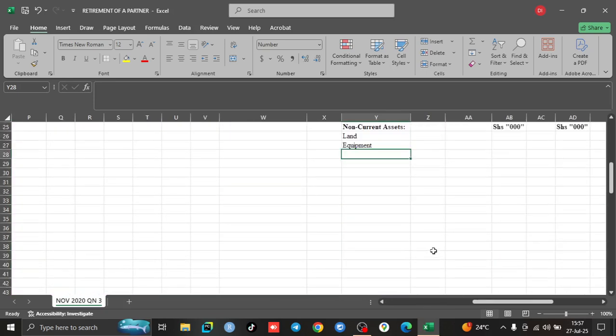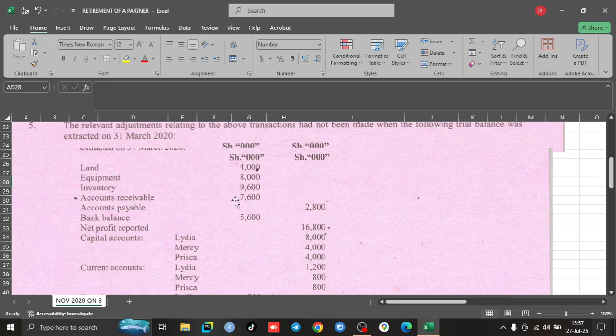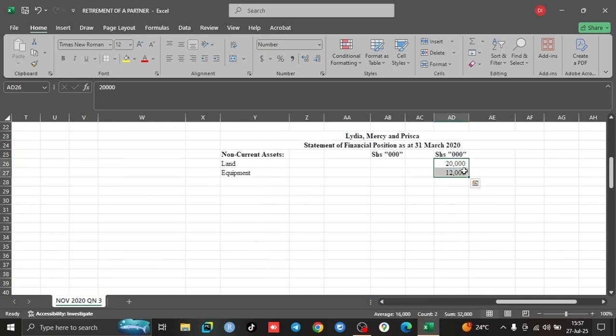So we include the revalued amounts. We always take the revalued amounts. There are some accounts I should have opened to indicate the revaluation gain, but since I indicated it, it is not as important for this case. We don't have any other non-current assets, so we can get that sum.